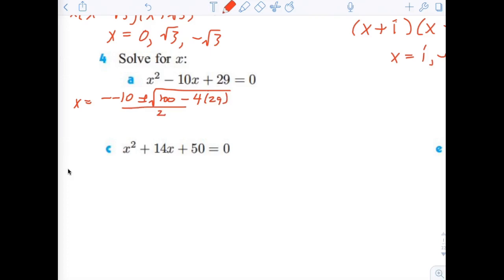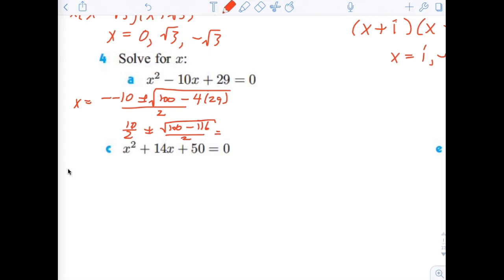Negative negative 10 is positive 10, so it'd be 10 over 2 plus or minus the square root of 100 minus 4 times 29, which is 116, right?